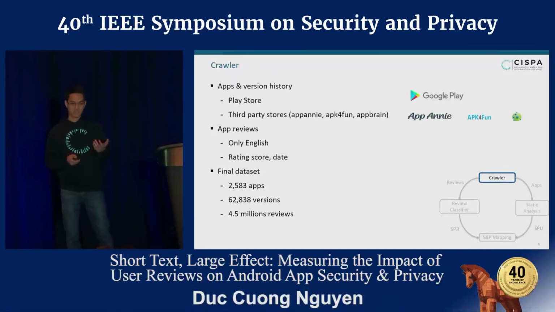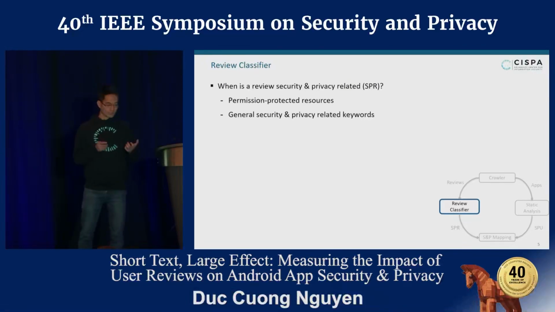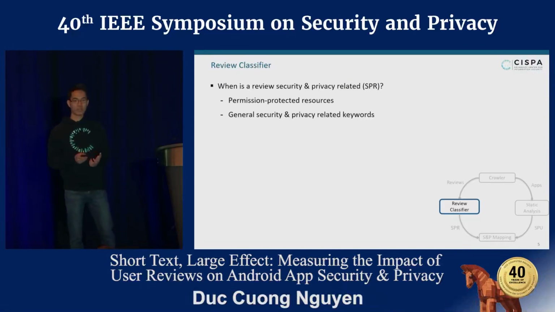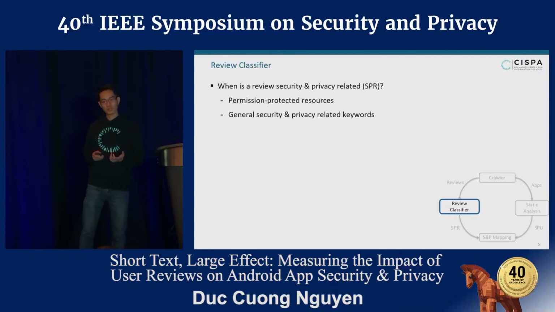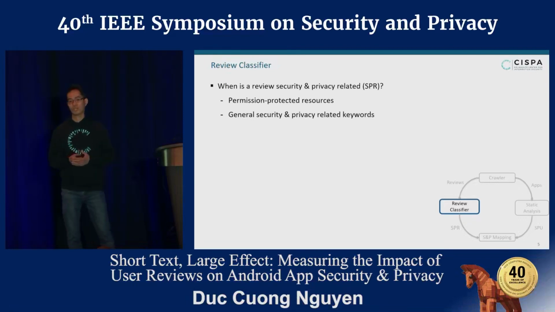So now we have the data set. The first thing we want is an automated approach to detect whether a given review is security and privacy related or not. But to do that, we need to define what a security and privacy related review is. To do so, we need to take a step back and define the term from the end user perspective, meaning that we consider what the end user can see from the Android applications. Therefore, we focus on permission-protected resources, because this is the only information that is visible to the end users, either by the runtime permission mechanism or the install-time permission mechanism.